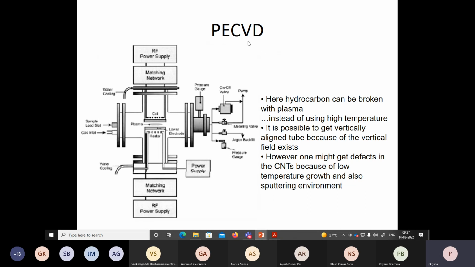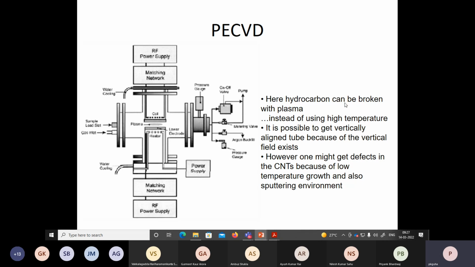In this case, instead of high temperature you use plasma. That plasma will basically break your carbon gas, that is C2H2 or some gases of that form, and that allows us to accumulate and form a carbon nanotube.